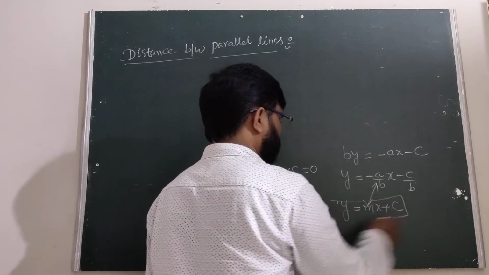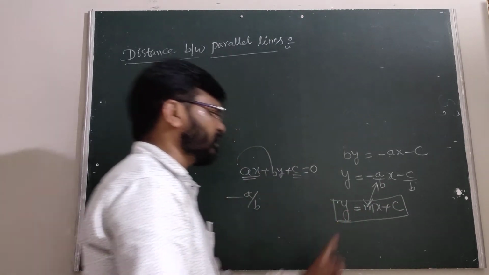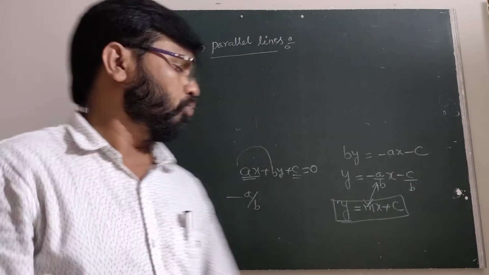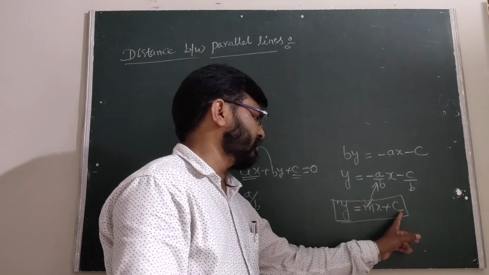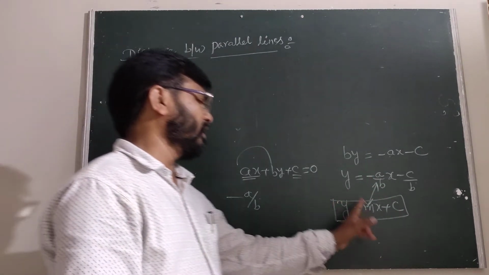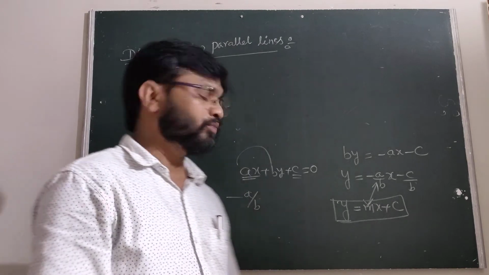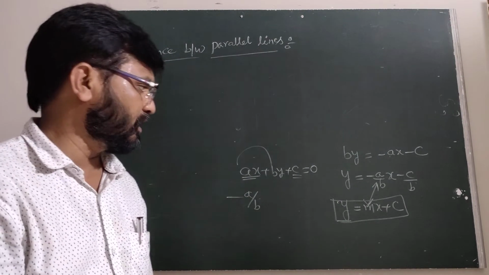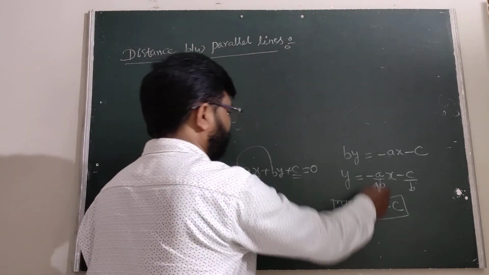We know that y = mx + c is the equation of a straight line in slope and intercept form. Slope is m and y-intercept is c. Then the equation of the line is y = mx + c, where m is minus a by b.